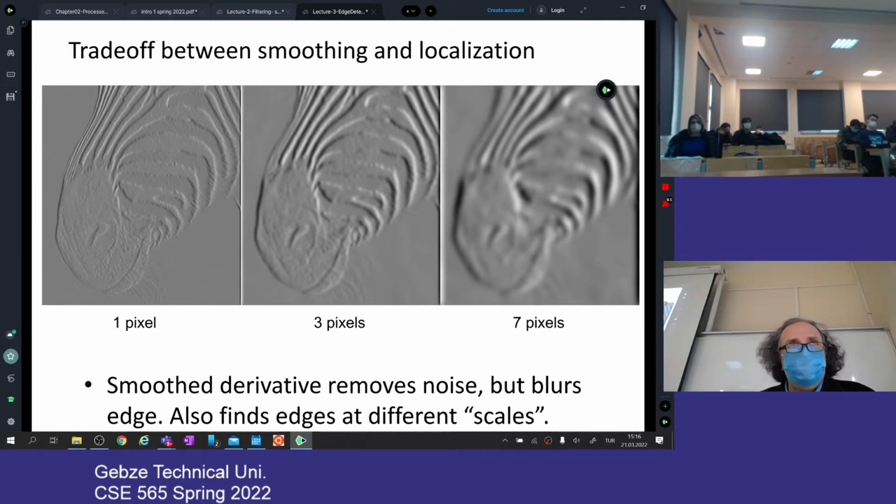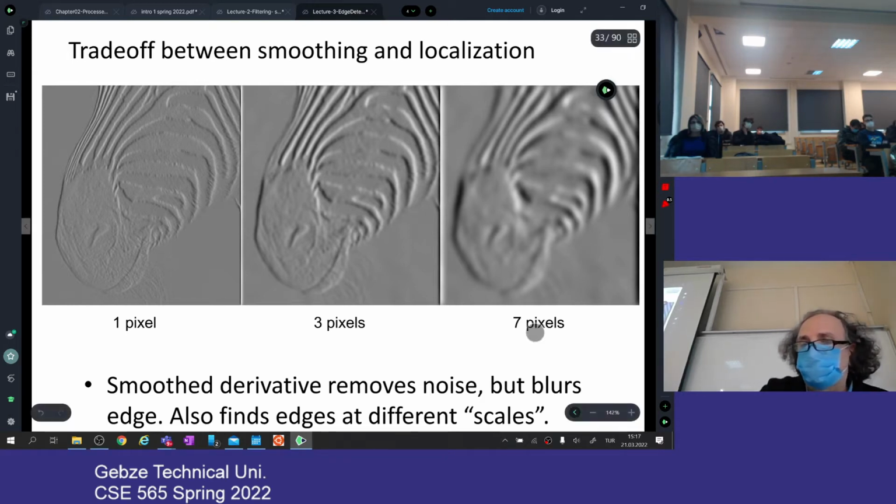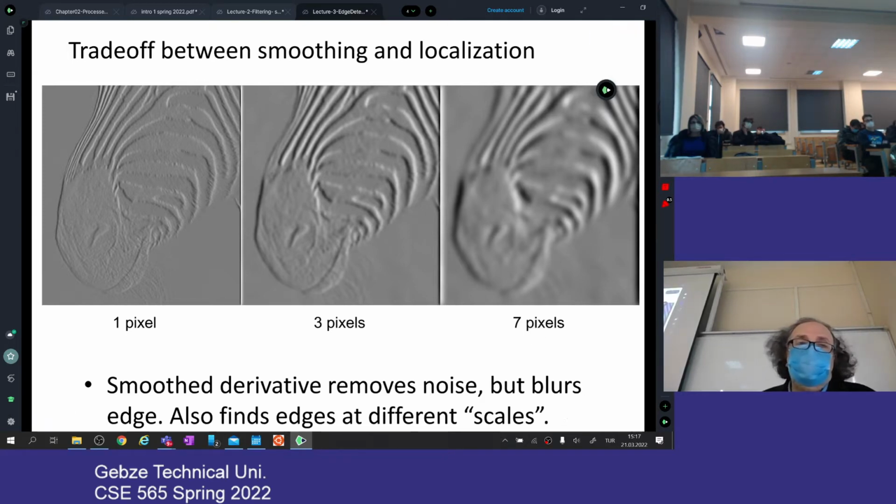Which one is more useful? I wouldn't say that this one is more useful than that one or the opposite. It depends on your application. If you are after the general structure of this animal, then I would use a very large sigma. If I am after small details of this animal, then I would use a small sigma.